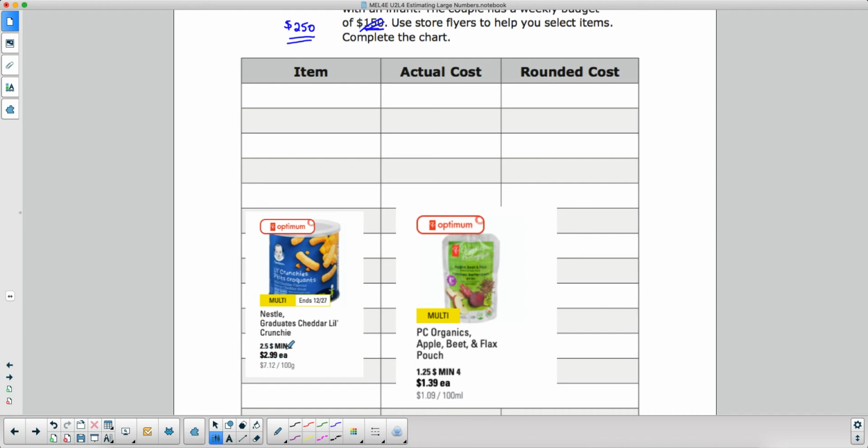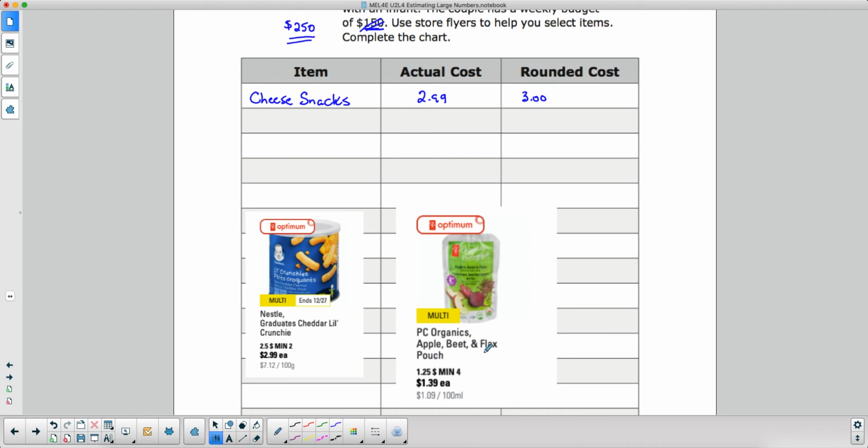So if it's $2.99 each, we're going to say the cheese snacks, and you don't have to write this down, you can do your own. I'm just doing this as an example. So the cheese snacks, the actual cost is $2.99, but we're not going to keep $2.99 in our head. We're going to round that up to $3.